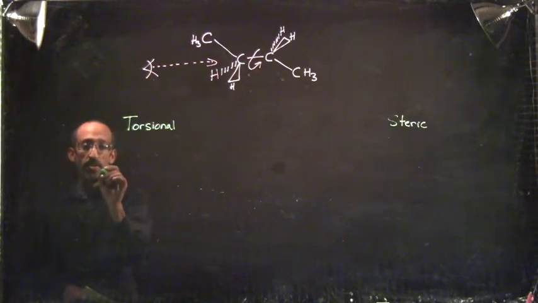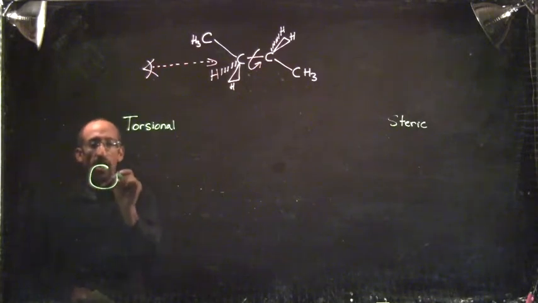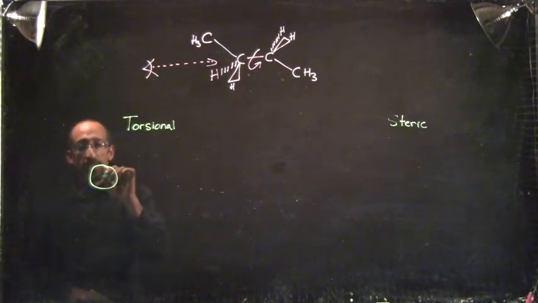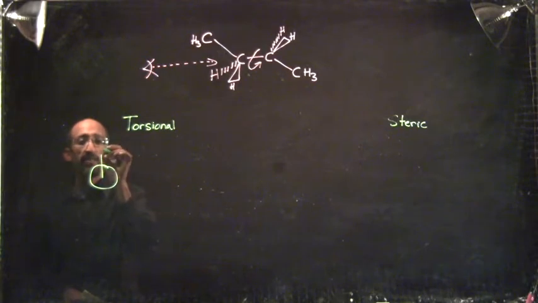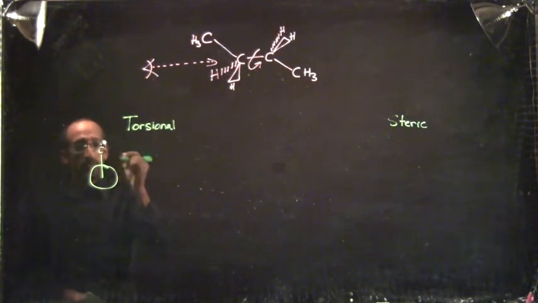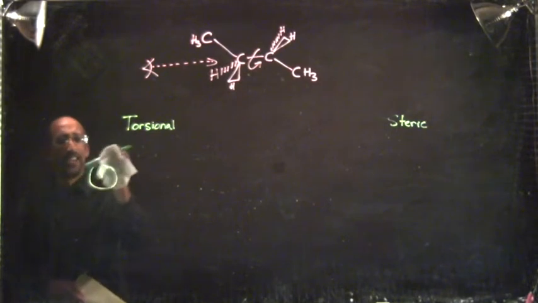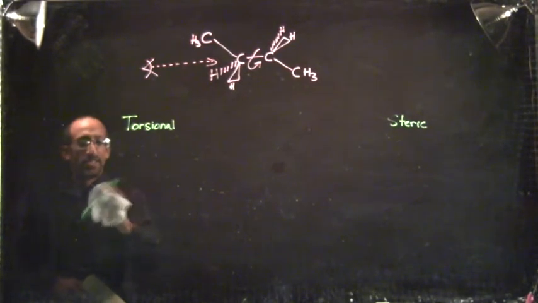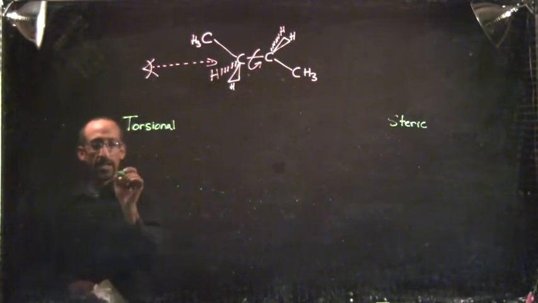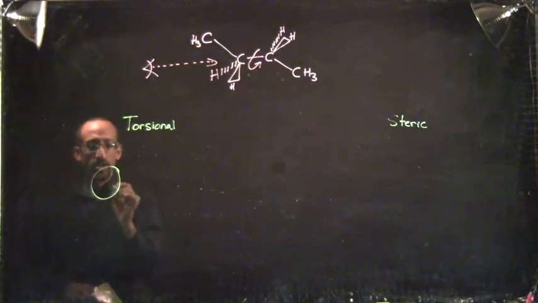So my Newman projection would need to have 2 bonds aligned with each other on different carbons. So I'm going to arbitrarily set my front methyl group. Let's try that again. So here we have the circle.